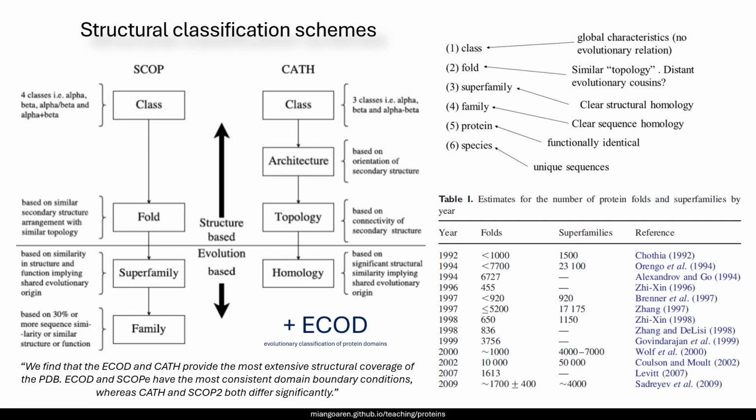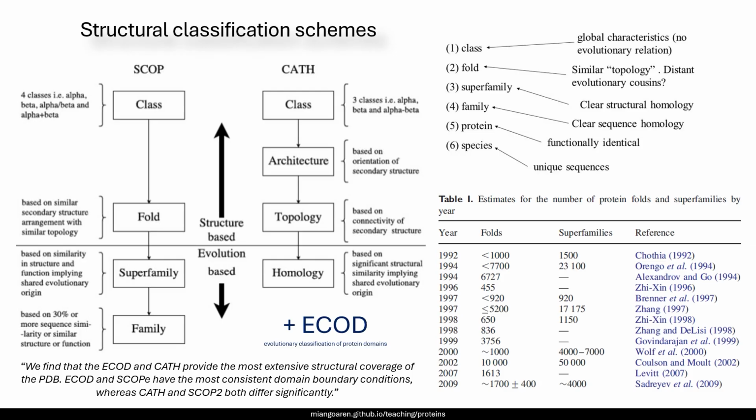However, there is not really a fairly well-defined consensus on what we are referring to when we talk about a fold, or what we are referring to when we talk about a superfamily. And this is quite clear in this particular table, where there are different authors who ask the question.